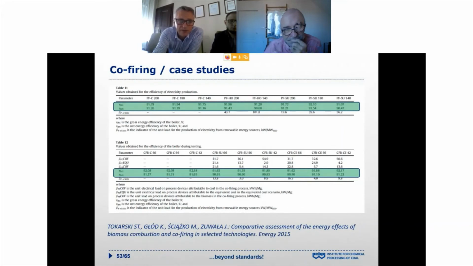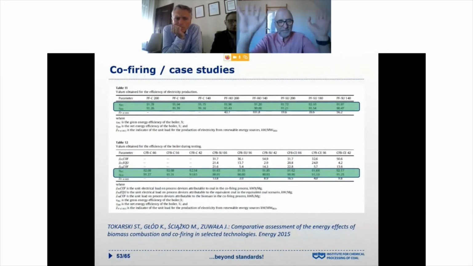And if we have in mind your tables, and we have 2 situations, one pellets, the second one bales. Do you think that the influence on the efficiency will be the same for these two types of biomass, or will there be any difference?